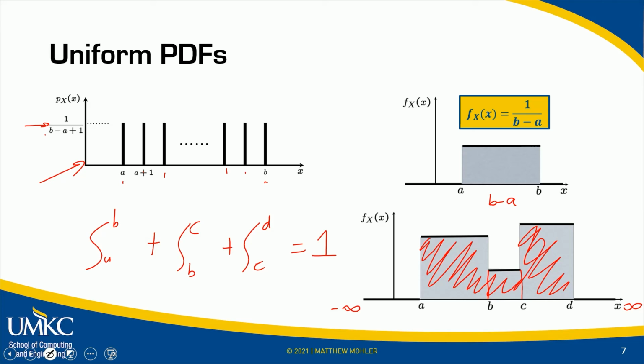Now, depending on the width and the values associated with those, then the probability will vary. The probability density, the value up here, will vary for each of those blocks. But this general statement here, that the sum of all the integrals must equal 1, always has to hold based on the definition of a probability density function.